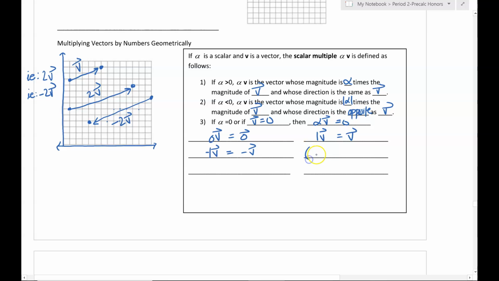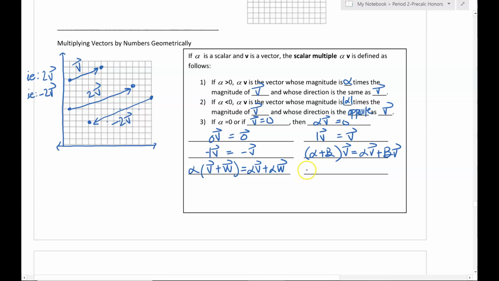If we have two scalars, alpha and beta, multiplying vector v, we can use the distributive property, just like that. Then what if we have alpha times the sum of vector v plus vector w? Then we can distribute again, so it's alpha times vector v plus alpha times vector w.